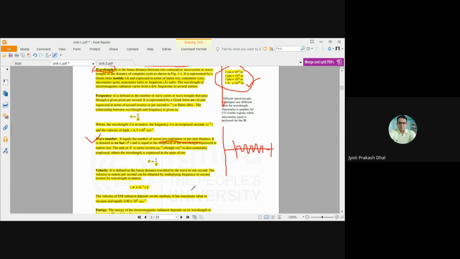That means if the wavelength is less, more waves will be present within that length, and hence it is the reciprocal of wavelength, denoted as nu bar. So the relationship between nu bar and lambda is nu bar equals 1 by lambda.